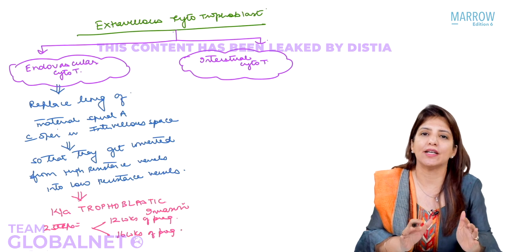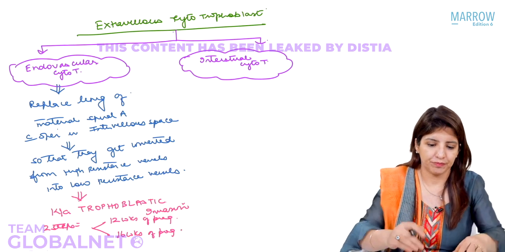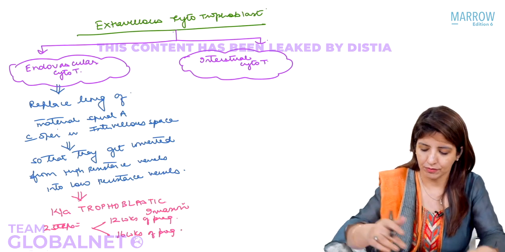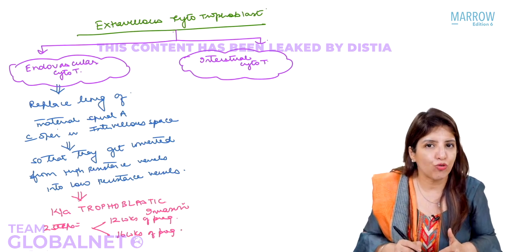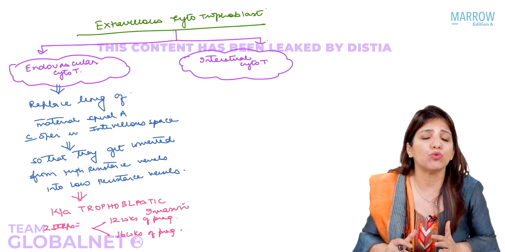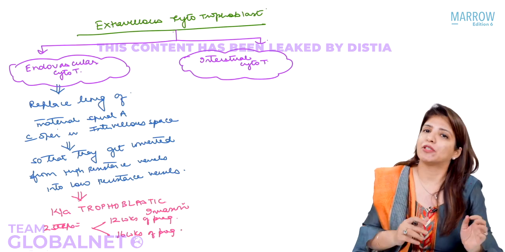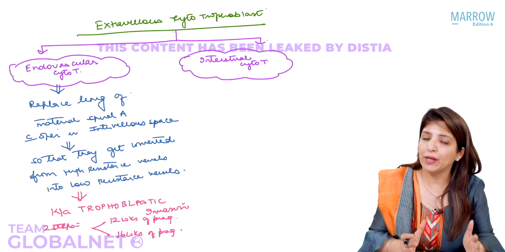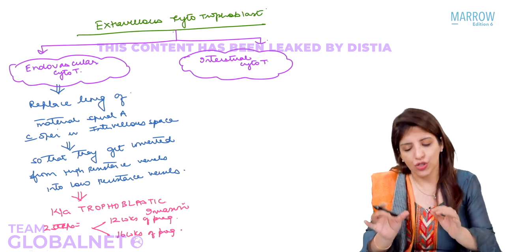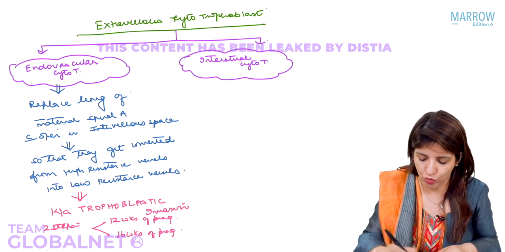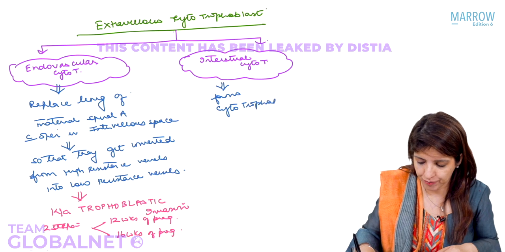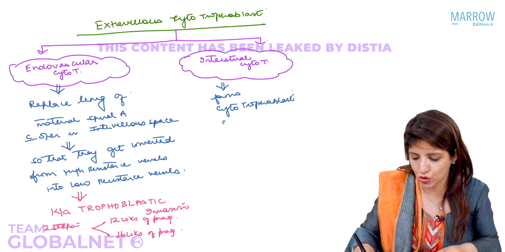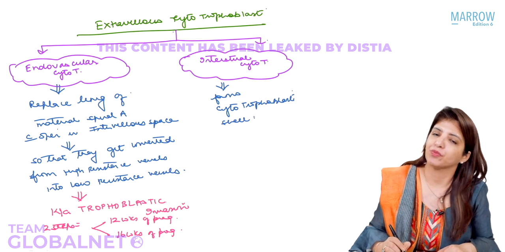Again, you might not be able to understand it just now, but when I talk to you about placenta, you will understand that. As of now, just write that interstitial cytotrophoblast forms the cytotrophoblastic shell. What it is and where it is, you will understand when we do placenta, right?